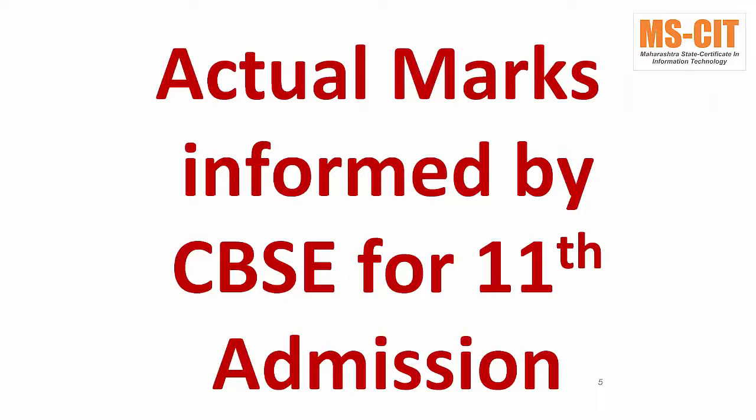In actual percentage, your score will vary from 91% to 96%. For your 11th standard admission, junior college admission, your actual percentage or actual marks will be considered, and the board informs those marks to you through the mark list.